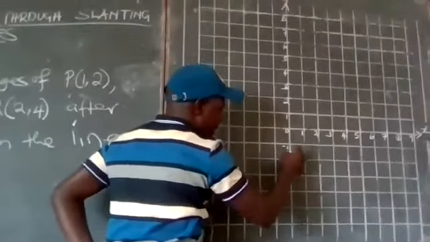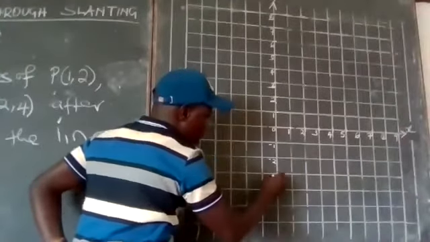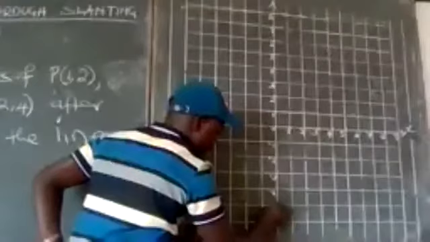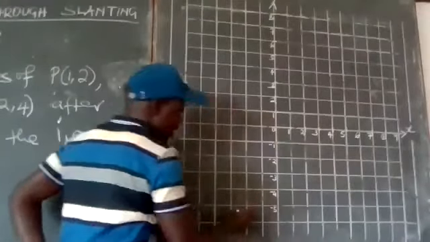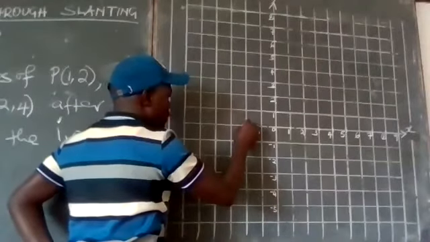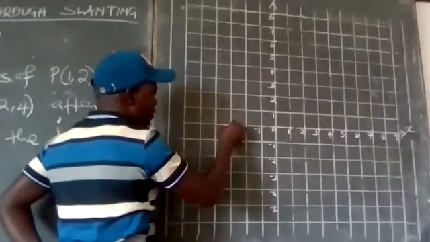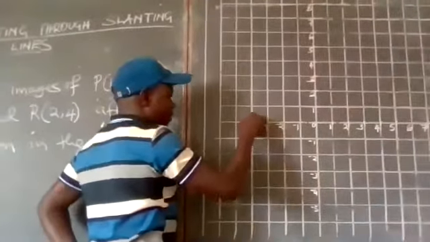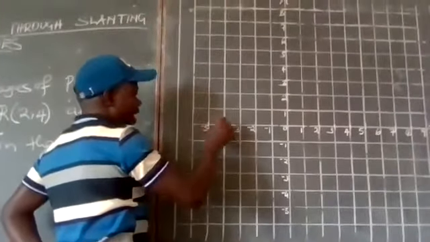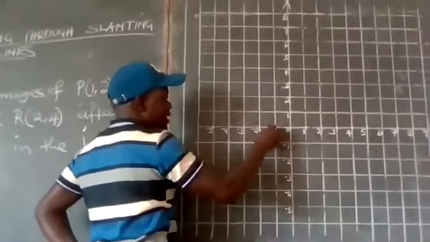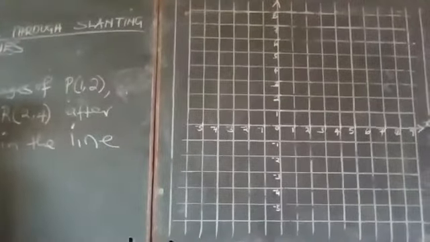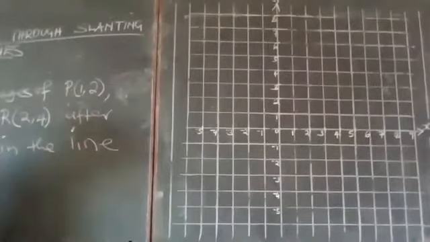This is -1, -2, -3, -4, -5. I mark off my coordinates here. That is the 0. That's my graph, the y-axis, and then the x-axis.